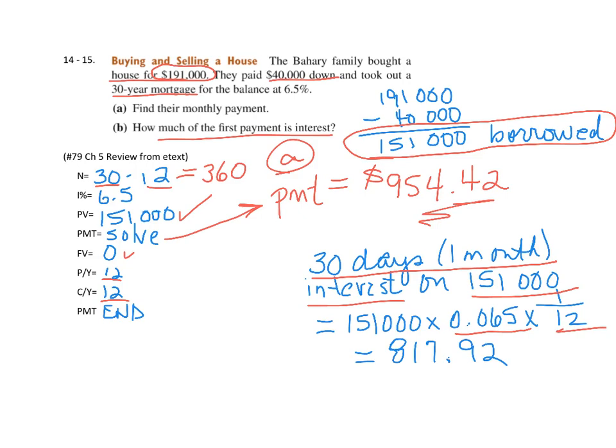This is actually your simple interest formula. Your monthly interest is simple interest. So interest is equal to the balance of the loan, which is P, times the interest rate R, times the time measured in years, and 1 month is 1/12 of a year. And that means that $817.92 of their payment went to interest.